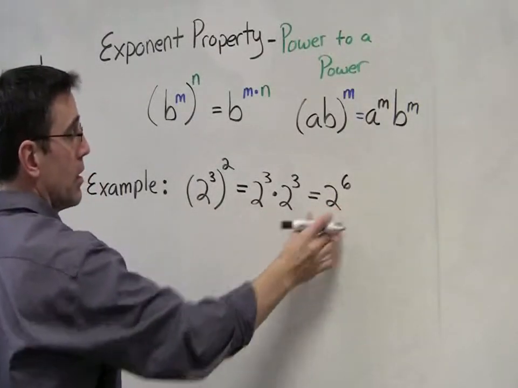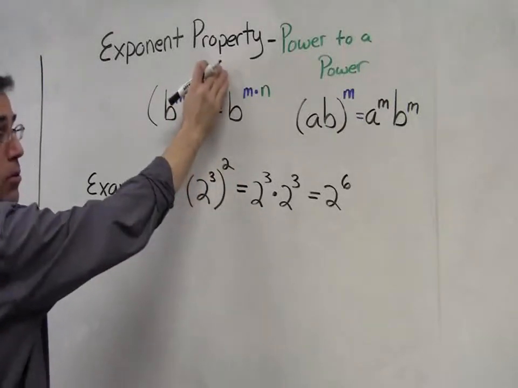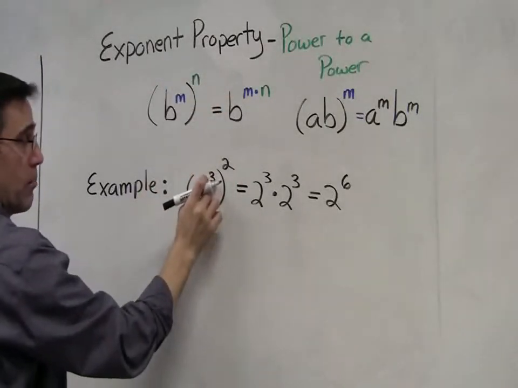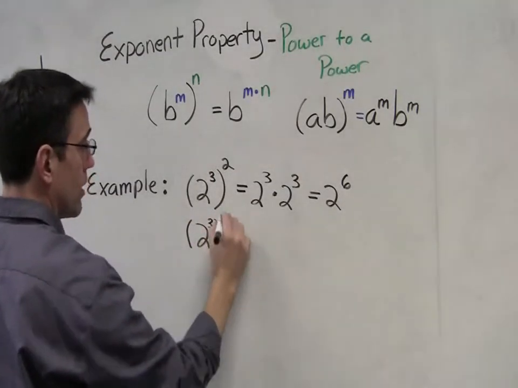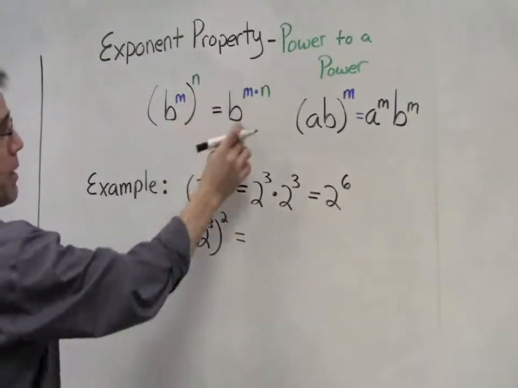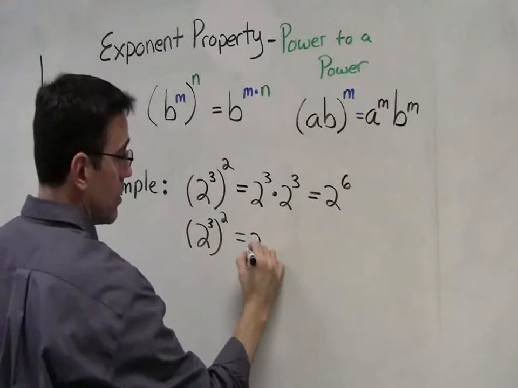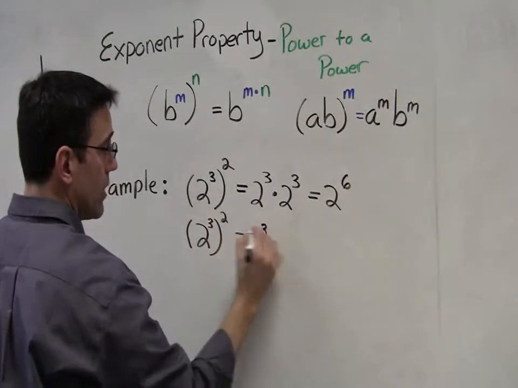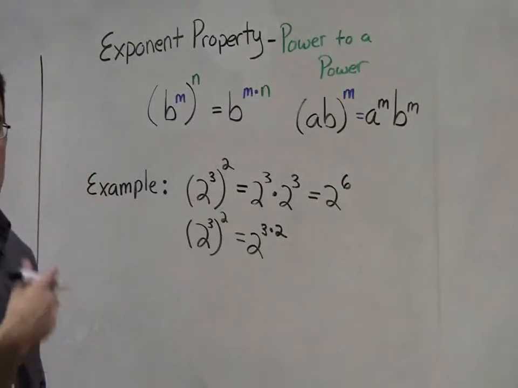So one way to do it is to expand it out before you write it in exponential form. Now we can also take this same idea and use the exponent property. I have a situation of a power to a power. So 2 to the third raised to the second power. Well, rather than expand it out, I can use my property that says I can multiply the two exponents. So I have 2 to the 3 times 2. And again, most of this math you can do right in your head.